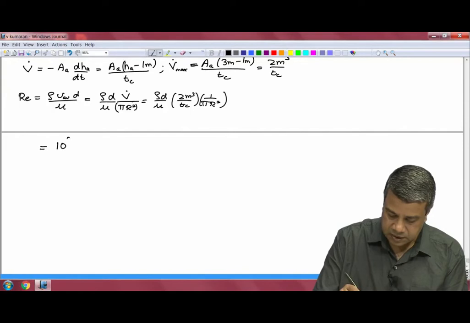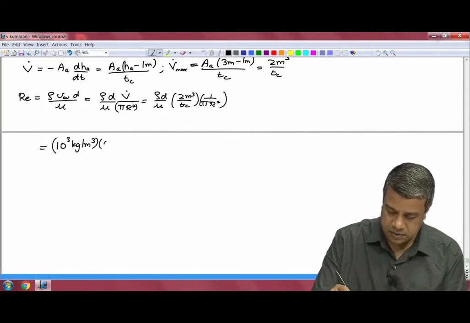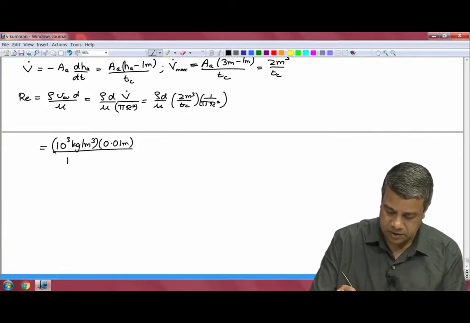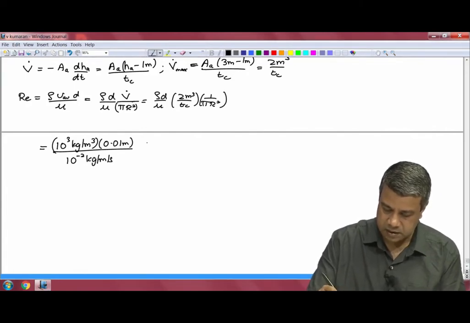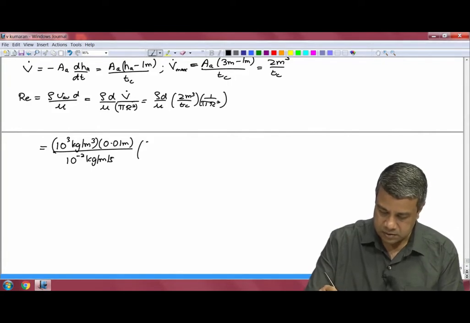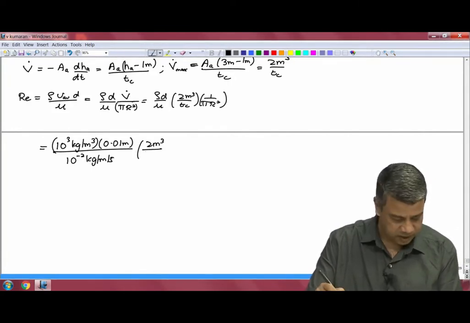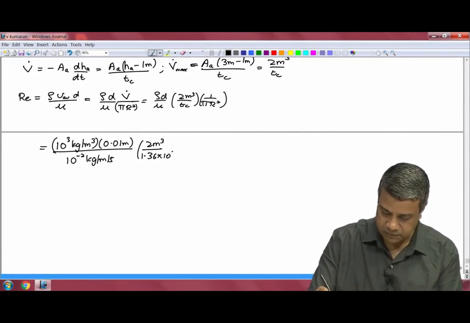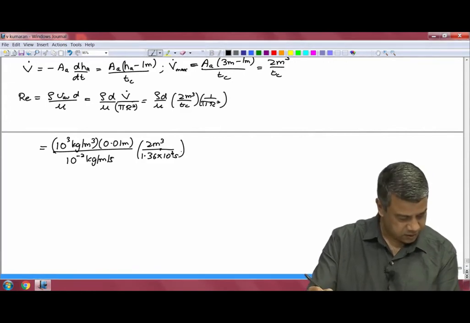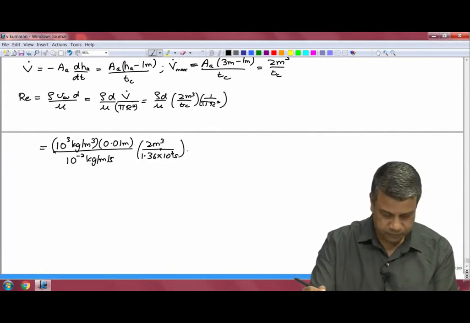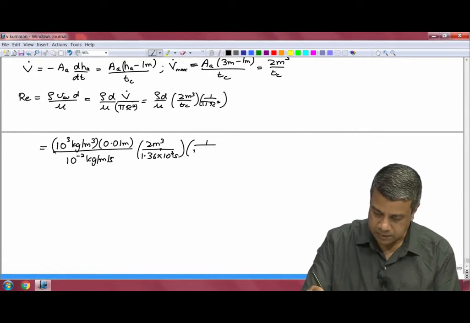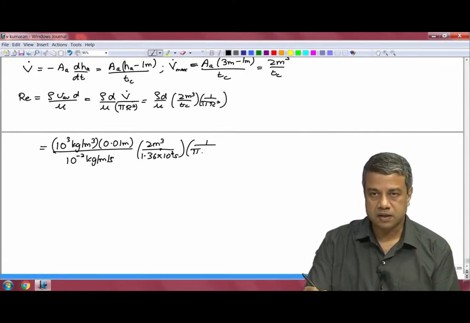Rho is 10 power 3 kg per meter cubed. D is 1 centimeter, 0.01 meter, divided by mu, which is 10 power minus 2 kg per meter per second, into 2 meter cubed by 1.36 into 10 power 4 seconds, into 1 by pi into radius square.